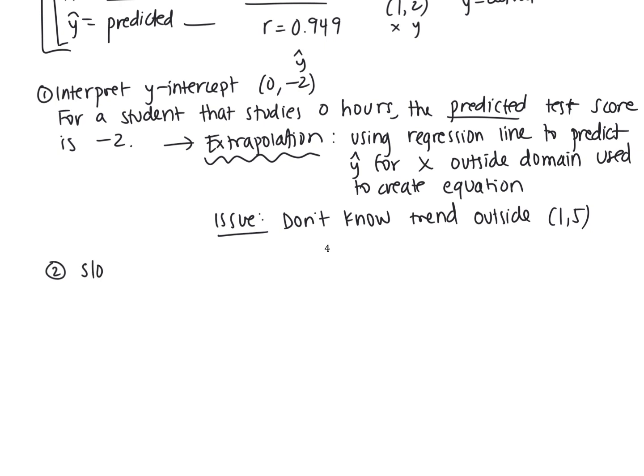You also have to be able to interpret slope. And our slope is 3. Remember that slope is the change in y over change in x. So when x changes by 1, y is predicted to change by 3. Remember, this is a prediction. That's the biggest thing that I'm going to be looking for.